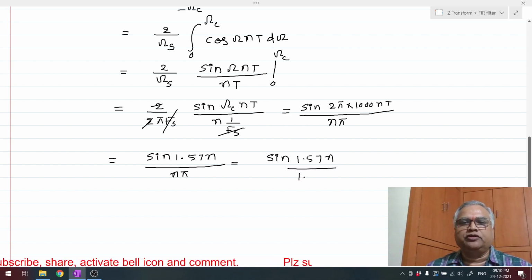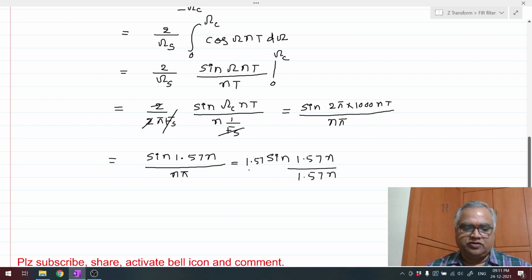If you bring the denominator also, 1.57 n. So this factor extra we are taking 1.57, and already pi is there.